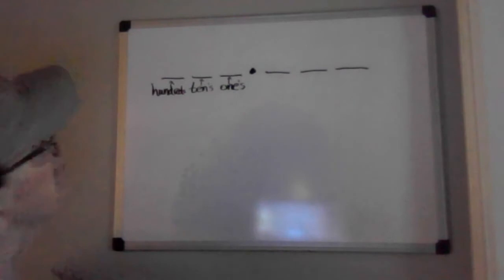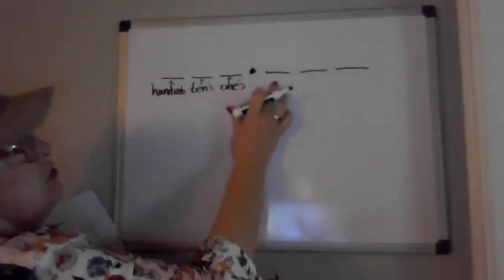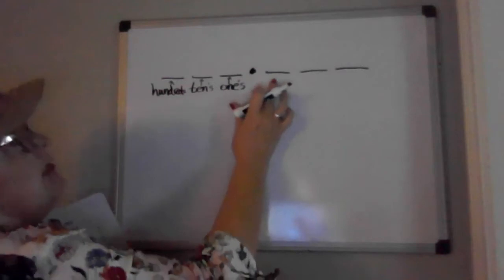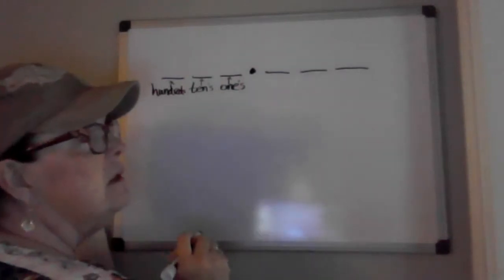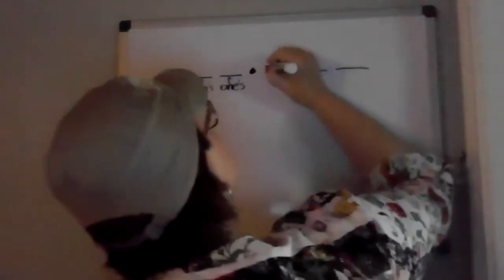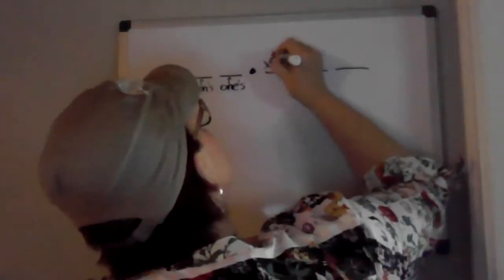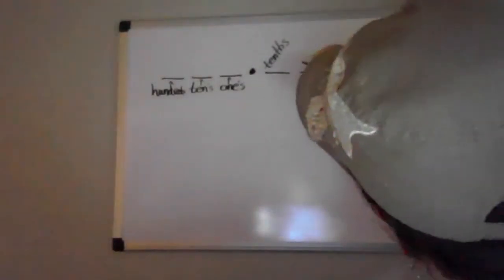Now, where people get mixed up is after the decimal. This doesn't start the ones again. The first place that's after the decimal is the tenths. The next one is the hundredths.